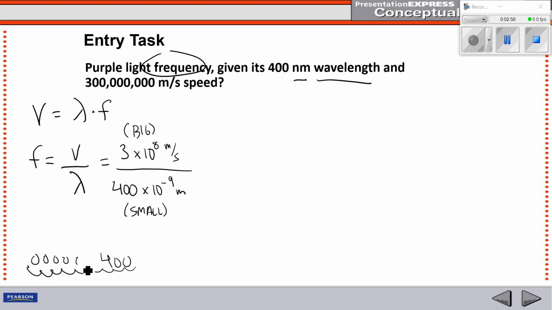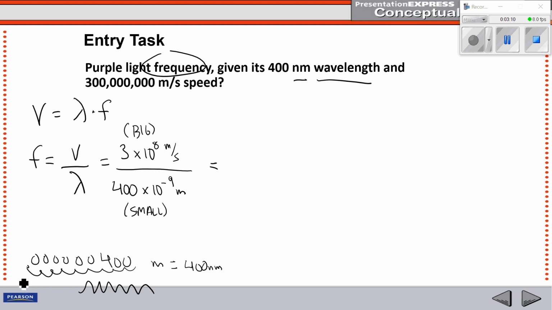So how many meters is that? 0.0000004 meters is 400 nanometers. Obviously those aren't the real distances, but that's the wavelength I'm looking at. So a big number divided by a very small number, we'd expect a very large number.